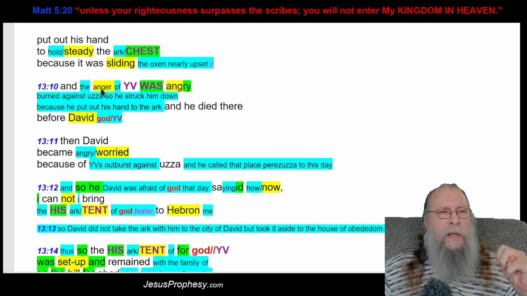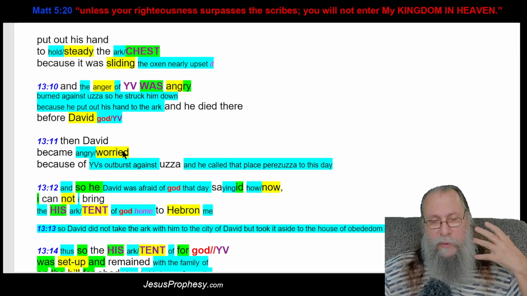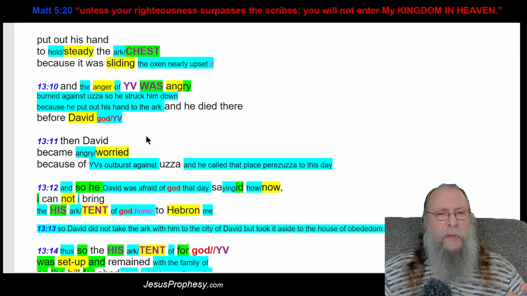I'm taking the word anger here and moving it here, and then I'm changing it to be angry. And it had to be before David, because David is going to get worried here. Not that David's going to get angry, but he's going to be worried about what he should be doing.